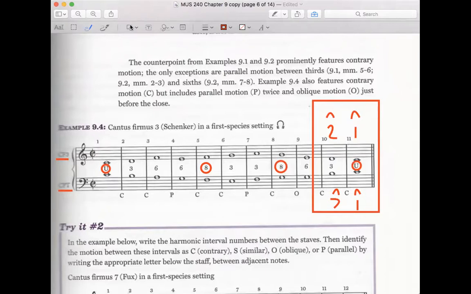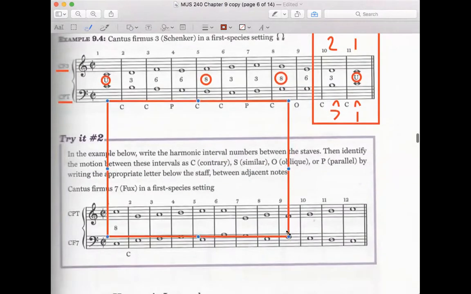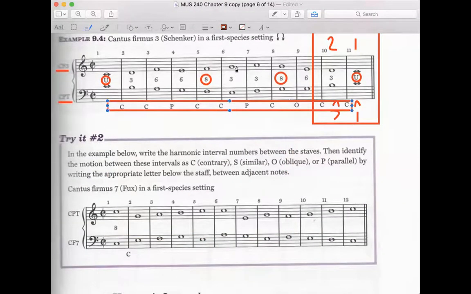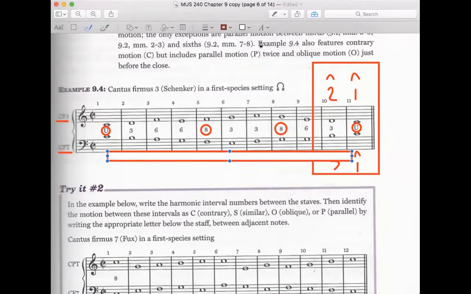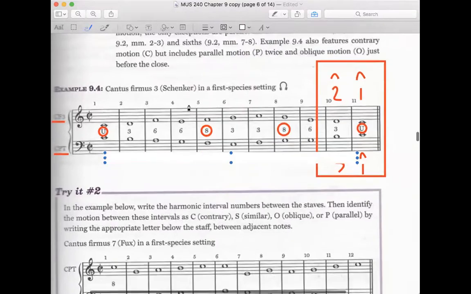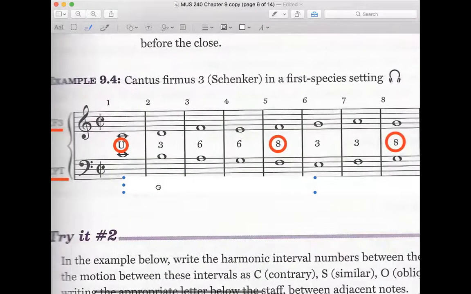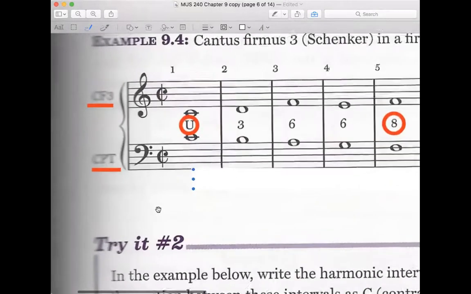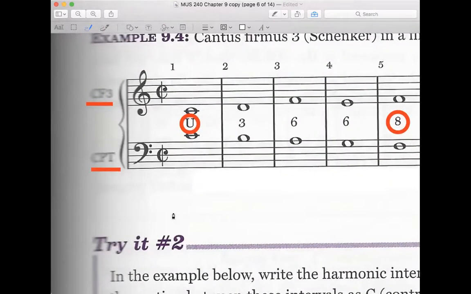Now, here I'm going to cover this up just a little bit so you can't see the answers. I want you to try to discover the motion yourself. Okay, so now we're going to be looking at 2 things at the same time. So this can be a little tricky.